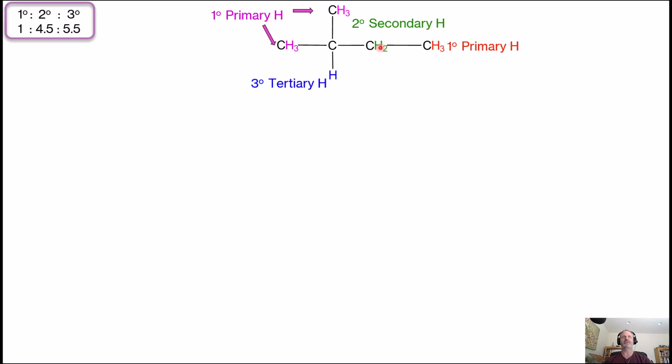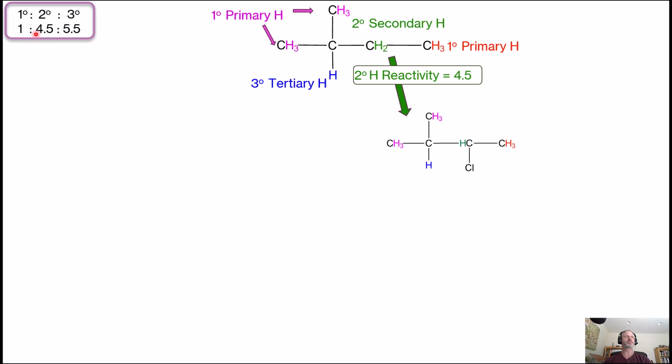Walking down the line to this next position, our secondary position, if we take off one of those H's, we end up getting this as our product. And at our secondary position, the reactivity is 4.5. With 2 H's, it's going to be 2 times 4.5, which gives us a factor of 9.